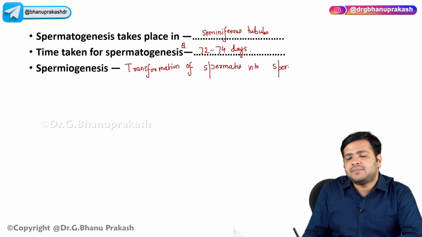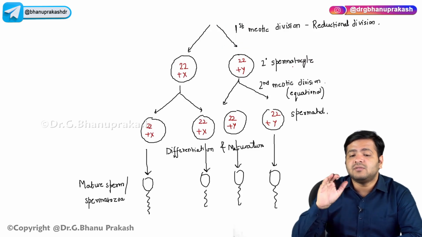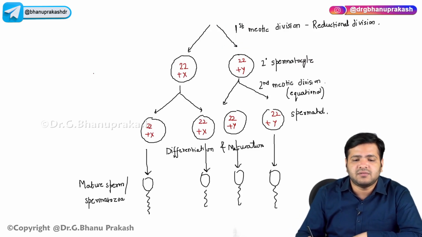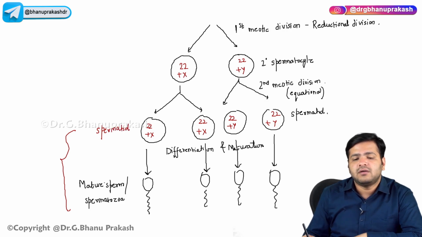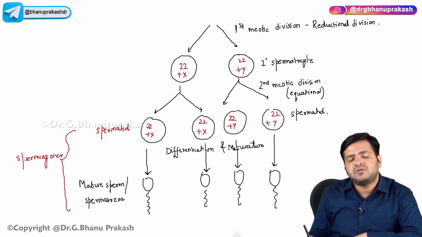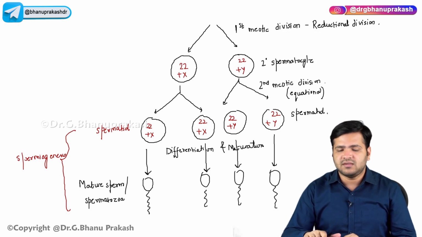So the last step that we have discussed, where there is no mitosis or meiosis taking place. So I hope everyone can see this. The spermatid transforming into mature sperm or spermatozoa, this process is called spermiogenesis.